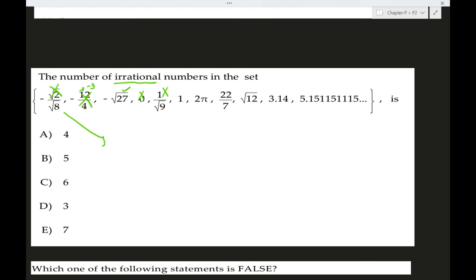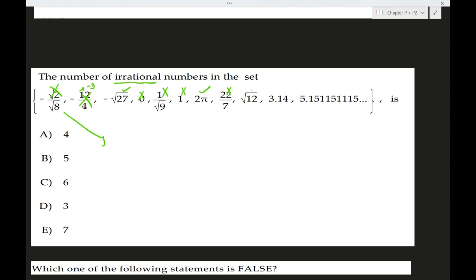Then the next one is 1. It's an integer, so it's a rational number. And here this is irrational because you have pi. Pi, we know it's irrational, and multiplied by 2 is still irrational. Then the next one is rational, so it is not irrational.